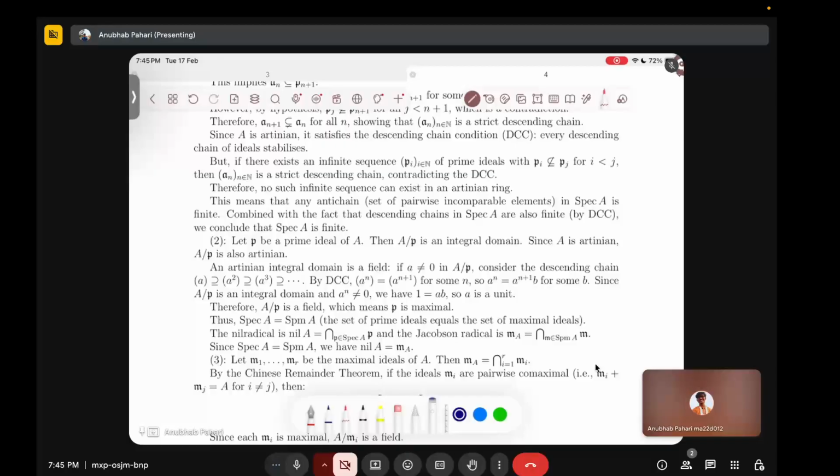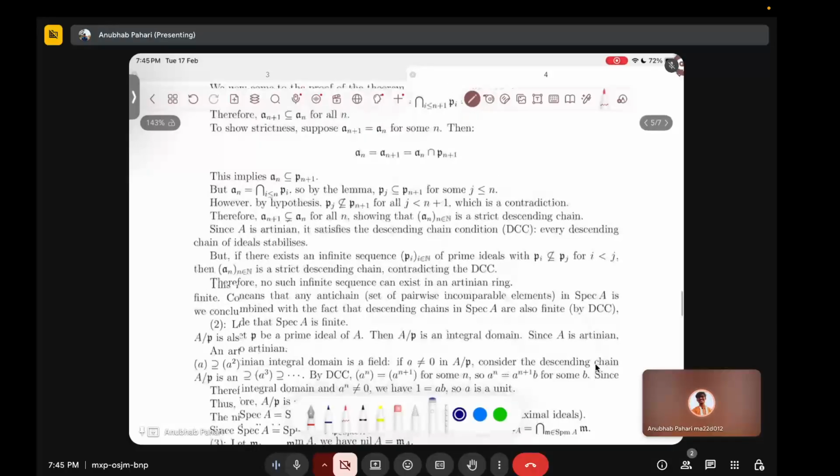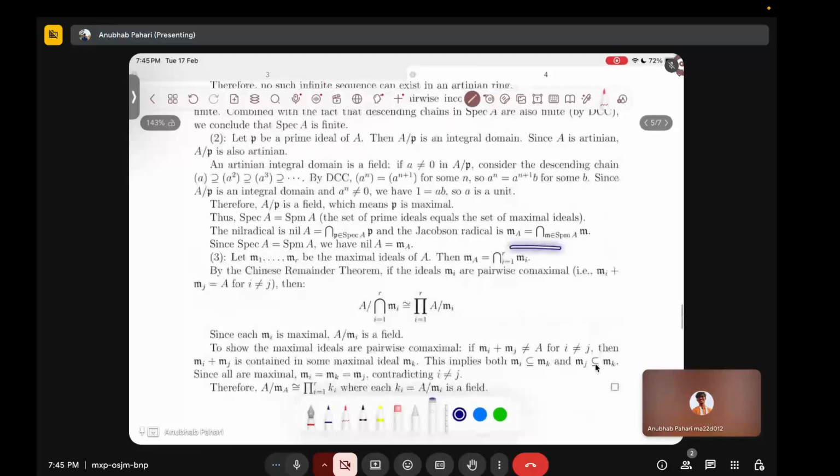And since A mod P is an integral domain, a to the power n is not equal to 0. Therefore, 1 equals ab, and therefore a is a unit. So it is always true that an Artinian integral domain is a field, and therefore A mod P is a field, and so P is maximal, and so you can use here that spec A equals spec max A, and from this it follows.